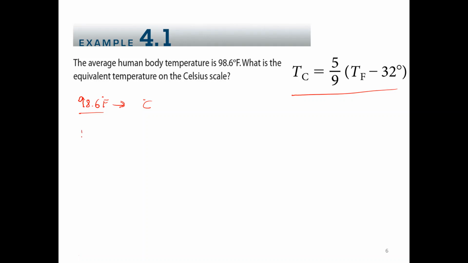Then let's write the equation: C equals 5 over 9 times the quantity F minus 32. Then we just plug in this value: 98.6 Fahrenheit minus 32.